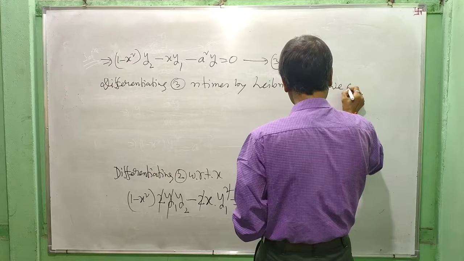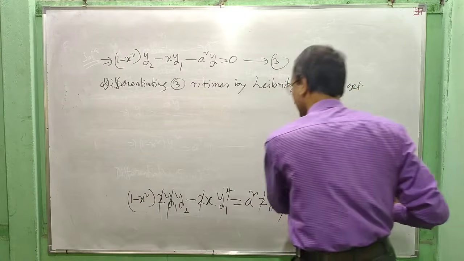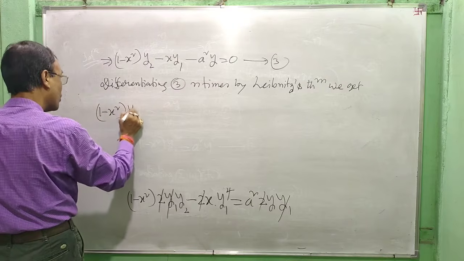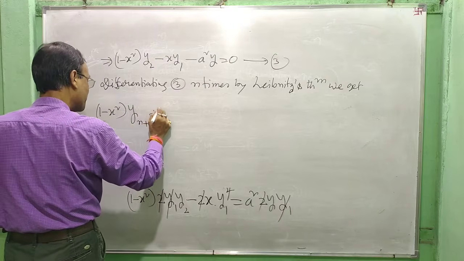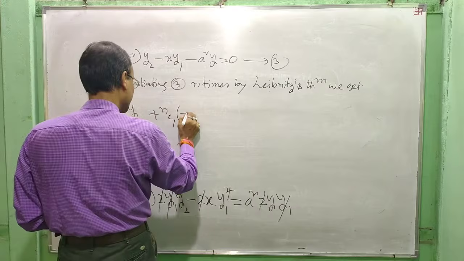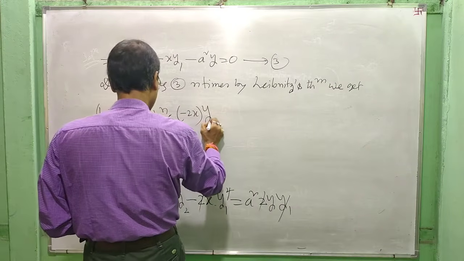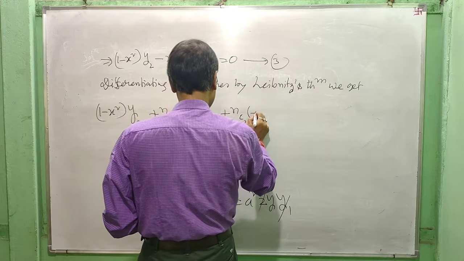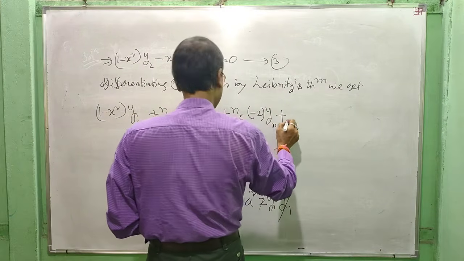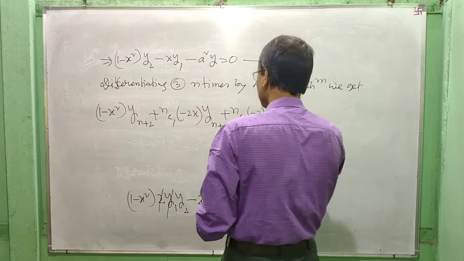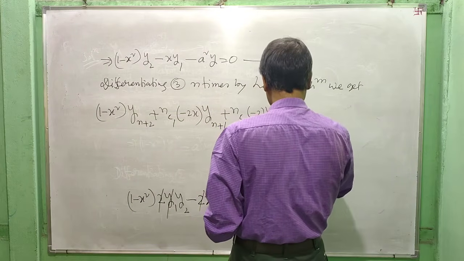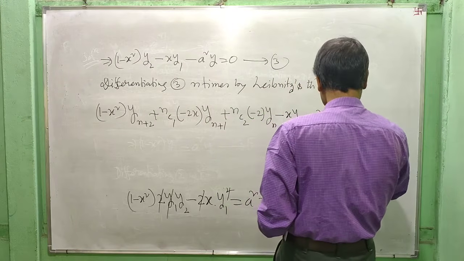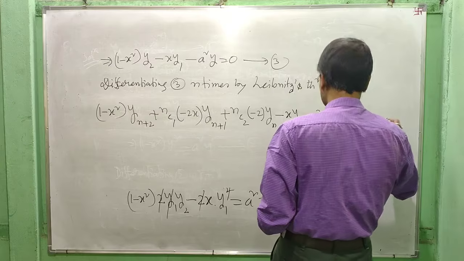We get, by Leibniz theorem, simply 1 minus x square yn plus 2, plus nC1, it is minus twice x yn plus 1, plus nC2, it is minus 2 yn, plus minus x yn plus 1, minus nC1 into 1 yn, minus a square yn, this is equal to 0.